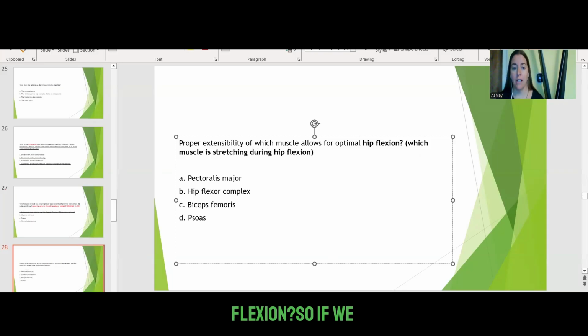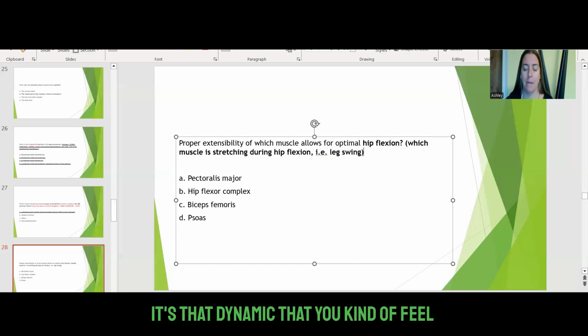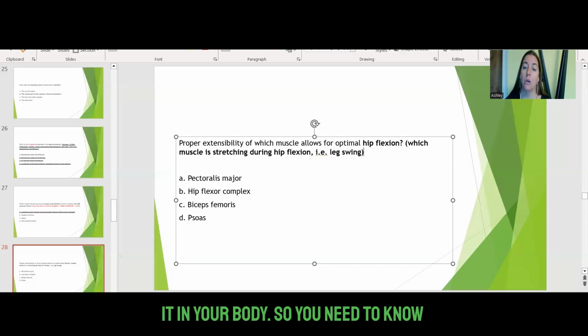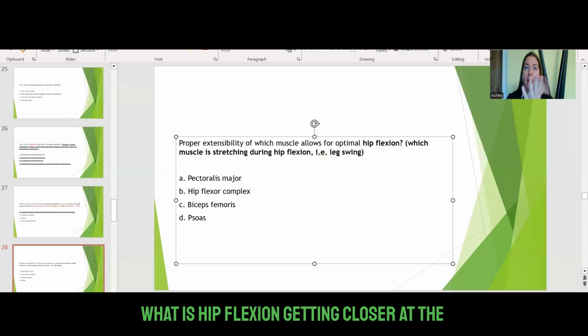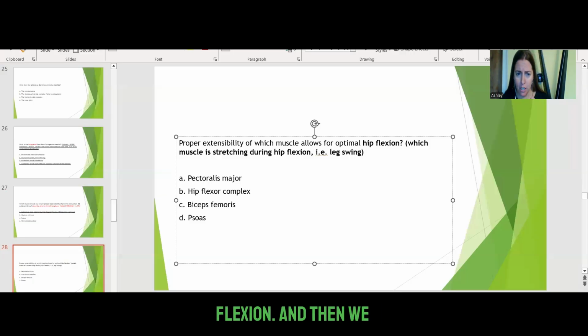So if we want to flex our hip, I would say leg swing is probably the easiest because it's the dynamic that you kind of feel in your body. So you need to know what is hip flexion, getting closer at the hip, and how do we engage that? So if we would swing front, that would be a hip flexion.